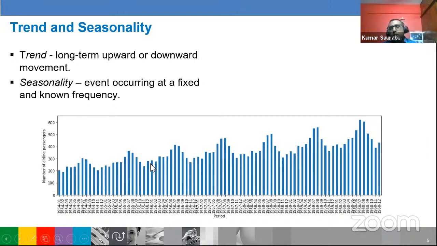So this is a periodic kind of movement, and the period for this is 12 data points. An event repeats after every 12 data points. For example, from this July to this July, there is a gap of 12 months, right? So that is what I mean by the period being 12 over here, and that is also known as the frequency at which an event is repeating.